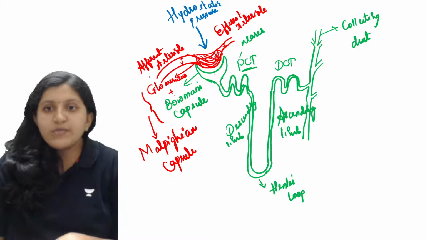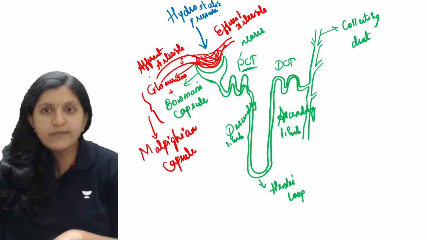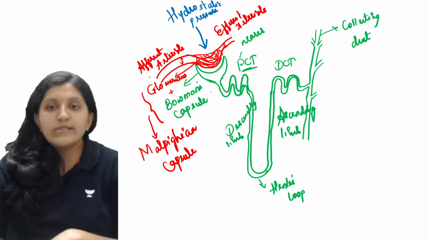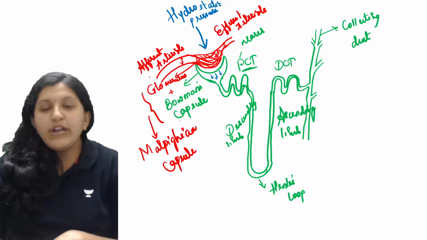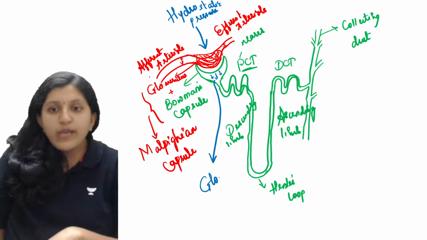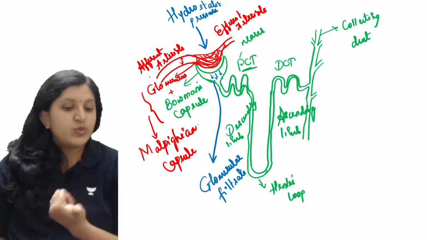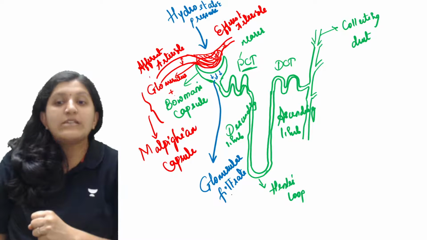This process, where the higher hydrostatic pressure gets generated at the glomerulus and filtration of blood occurs, is called ultrafiltration. The filtrate which is received, we call glomerular filtrate. The filtrate received under high pressure is due to filtration of blood.